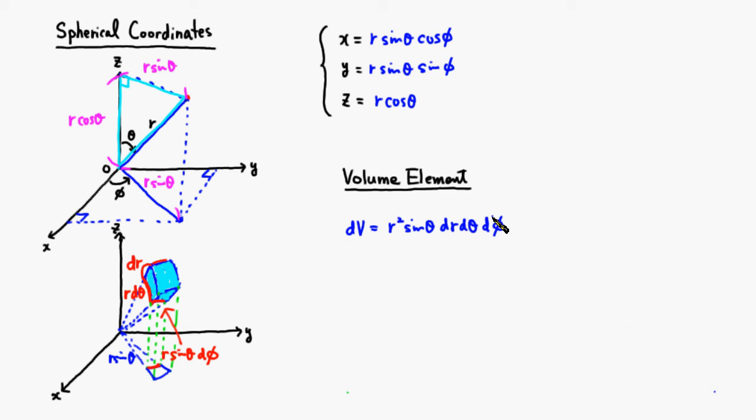So this is the volume element in a spherical coordinate system. dv is equal to r squared sine of theta dr d theta d phi. That's it. I hope that this was clear.